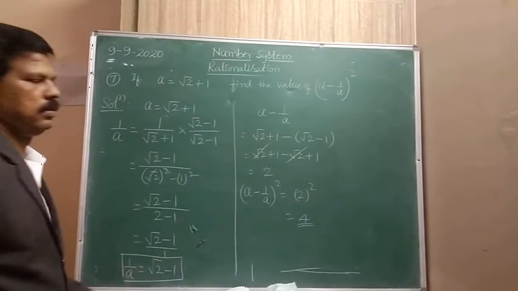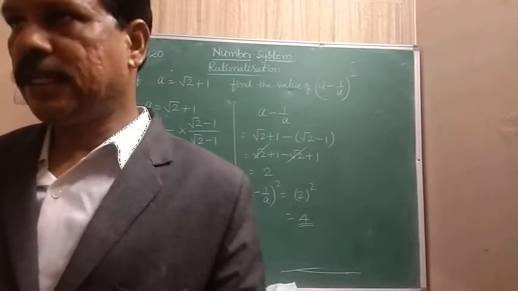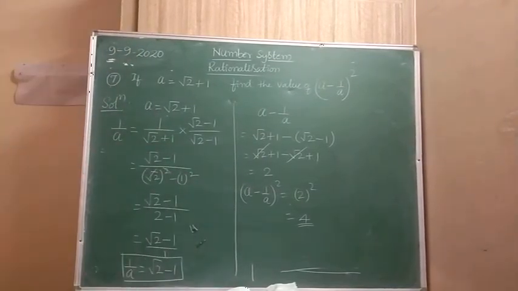Now go through once again from top to bottom. So if A is equal to root 2 plus 1 and we have to find the value of A minus 1 by A whole square. So first write down A is equal to root 2 plus 1.